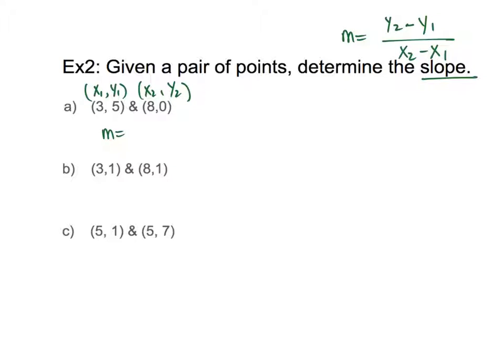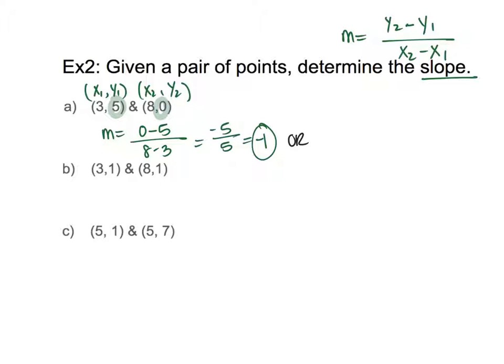So my y's are 0 and 5. So 0 minus 5 over my x's, x2 minus x1, so it would have to be this one, 8 minus 3. If you subtract, that's negative 5 over 5, and then if you divide negative 5 with 5, you get negative 1. So you can leave your answer like this, but let me just go ahead and say there's another way you could solve this problem.